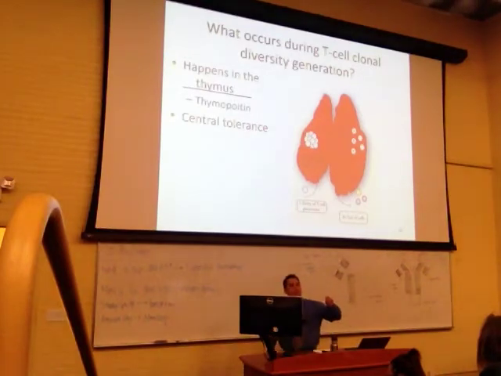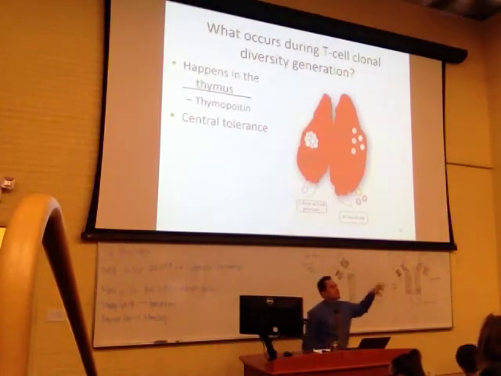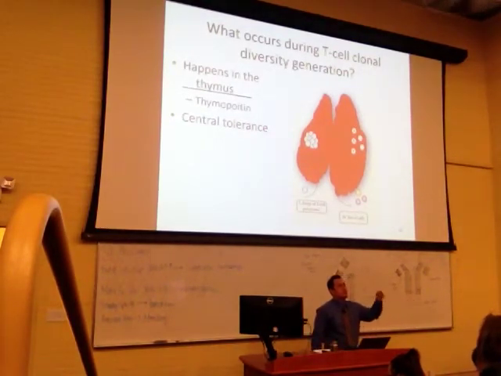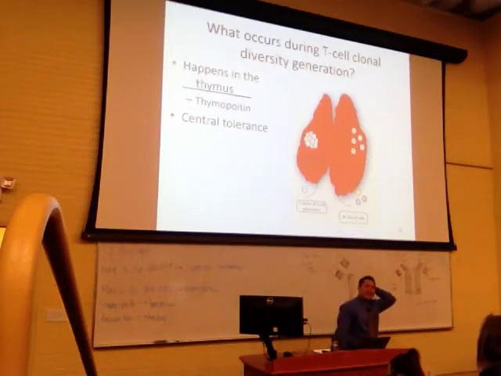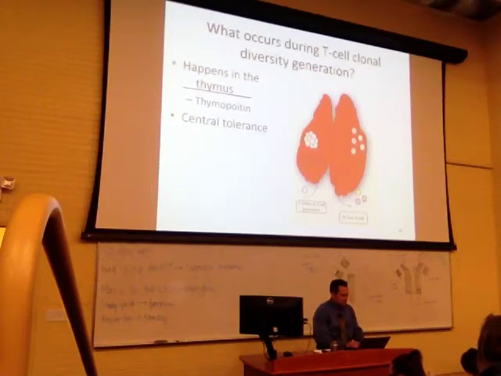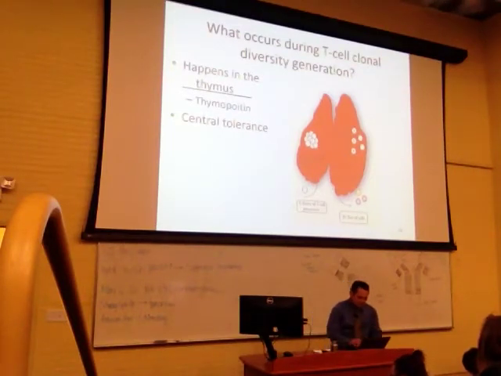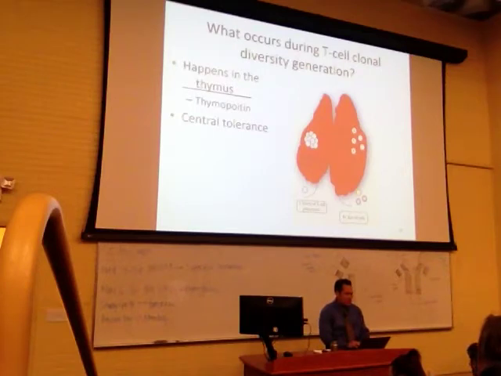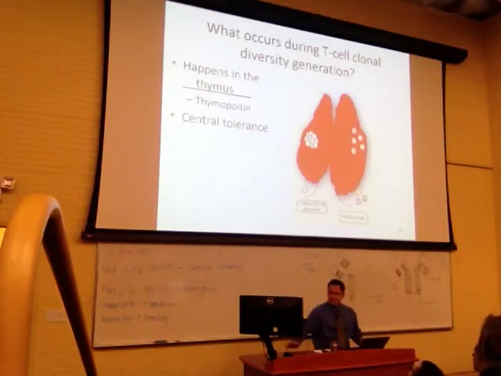And between the combination of central tolerance and peripheral tolerance, you clonally delete about 90% of the T cells that you make. 90% of the T cells that you make are eliminated at the biological cost of being very clonally diverse, so that you have all these different variants that can react with many different types of things.